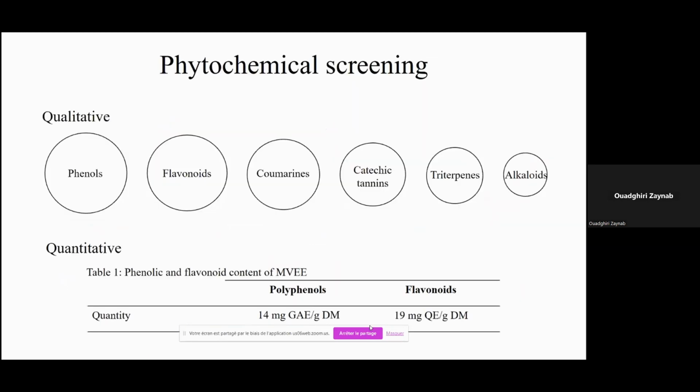Time for results. The phytochemical analysis showed the presence of phenols, flavonoids, coumarins, catechol tannins, alkaloids, and triterpenes in the sample. For the quantity of polyphenols, it was about 14 milligrams gallic acid equivalent per gram of dried material. As for flavonoids, it was about 19 milligrams quercetin equivalent per gram of dried material.